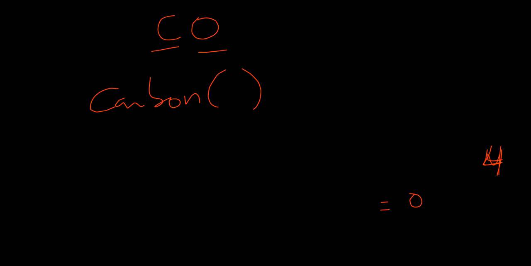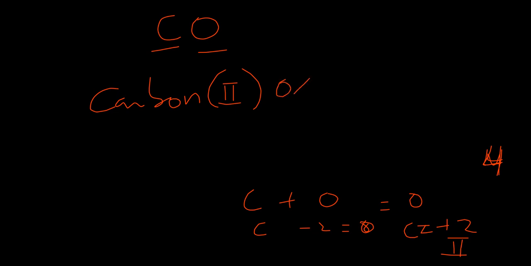So carbon plus oxygen, the charge on oxygen is -2, equals 0. So the charge of the carbon in this compound will be +2. So the parenthesis will be II. Put II there, then oxide. Simple as that.